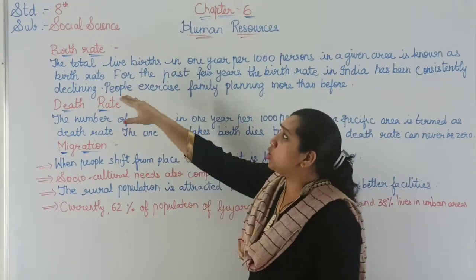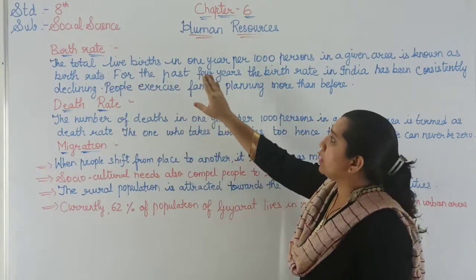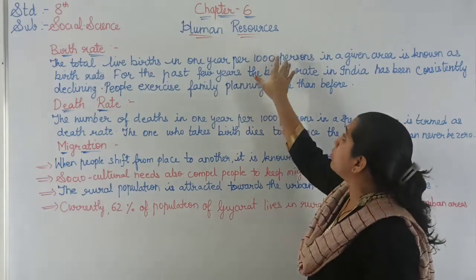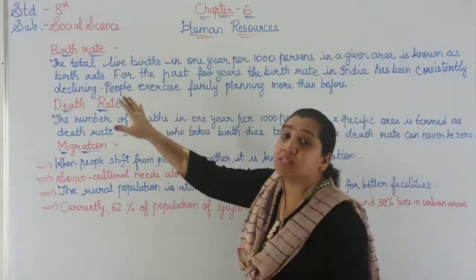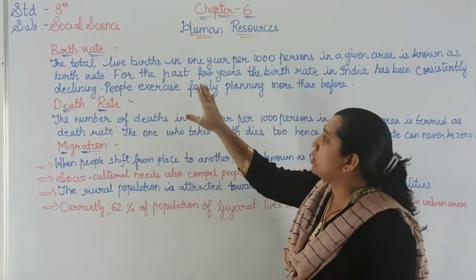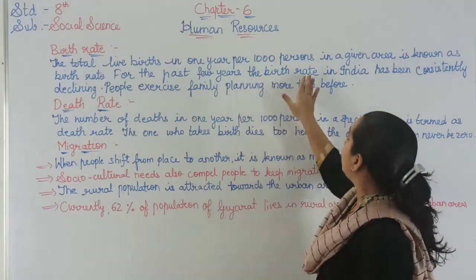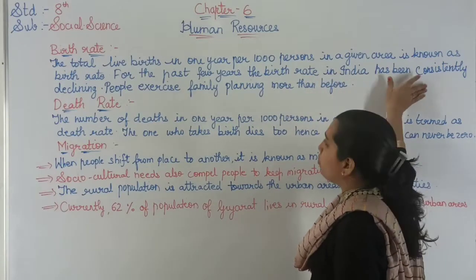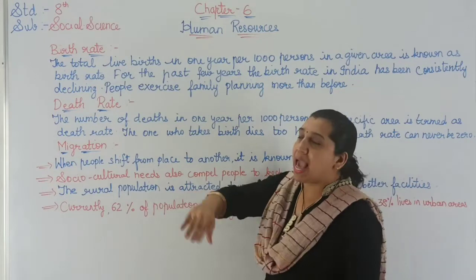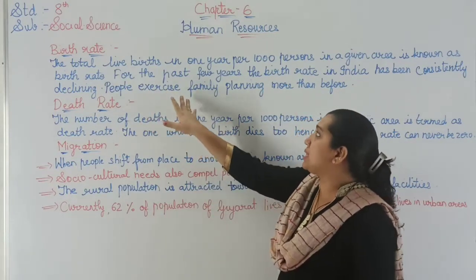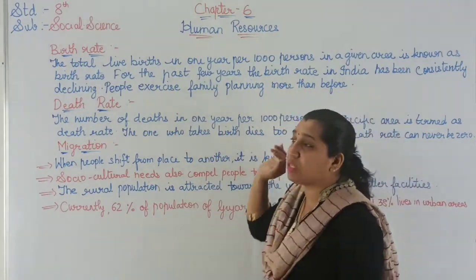Now here, the total live births in 1 year per 1,000 persons in a given area is known as the birth rate. For the past few years, the birth rate in India has been constantly declining, that is decreasing, and the reason behind it is that people exercise family planning more than before.